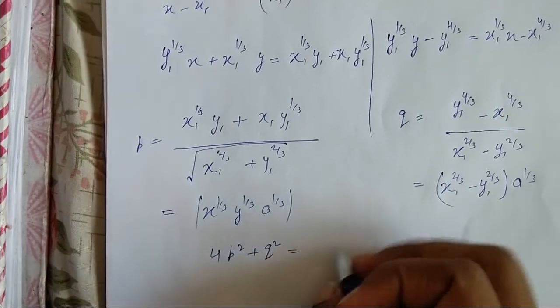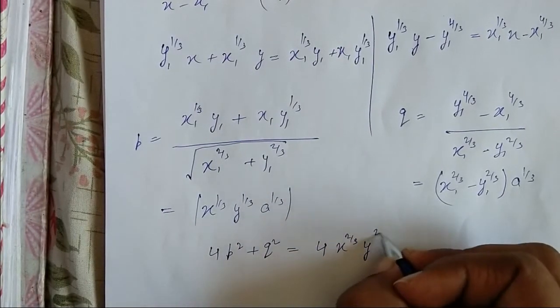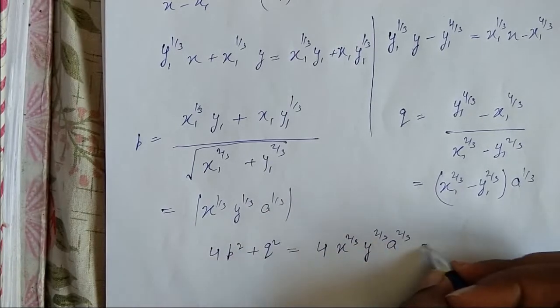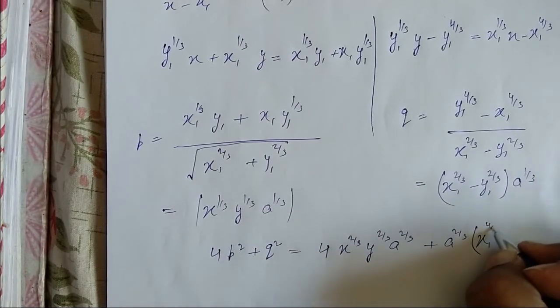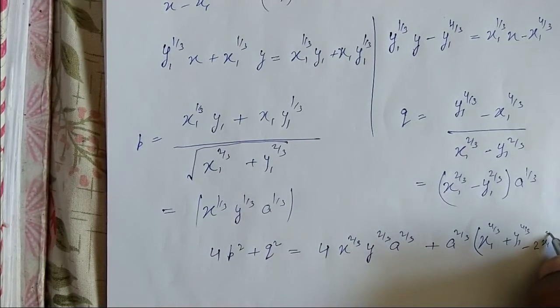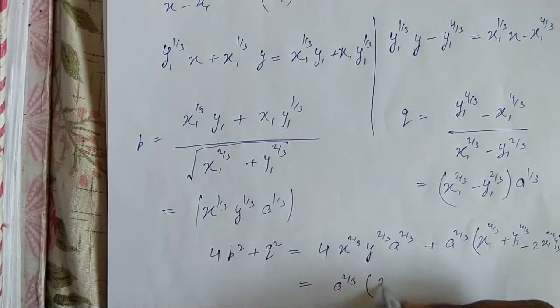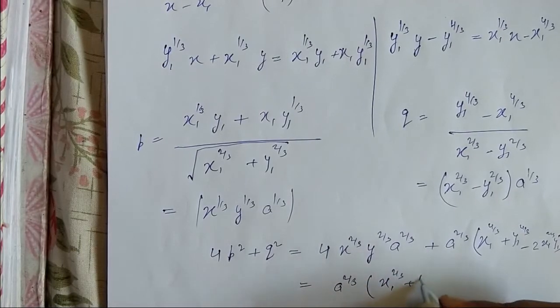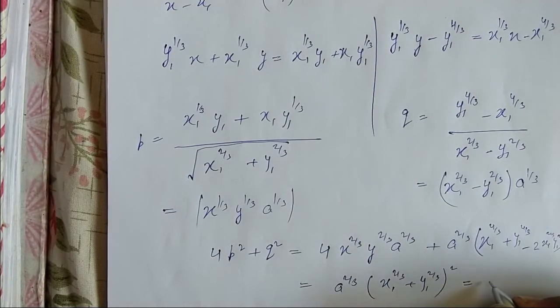So 4p square would be equal to 4 x power 2 by 3 y power 2 by 3 a power 2 by 3 plus a power 2 by 3, which can be taken out common, and x1 power 4 by 3 plus y1 power 4 by 3 minus 2 x1 power 2 by 3 y1 power 2 by 3, which is x1 power 2 by 3 plus y1 power 2 by 3 whole square, and this is equal to a to the power 2 by 3, and hence it would become a square.